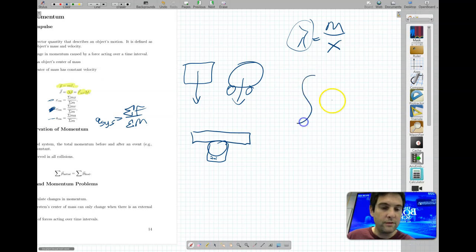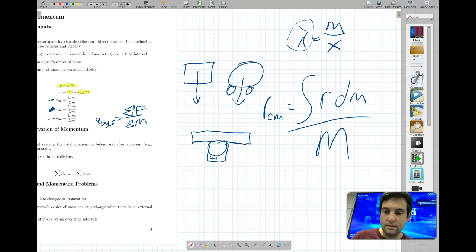But anyway, we've got our position of our center of mass equals integrating all of our positions with respect to m over all the combined mass. This r is used to combine x, y, z.